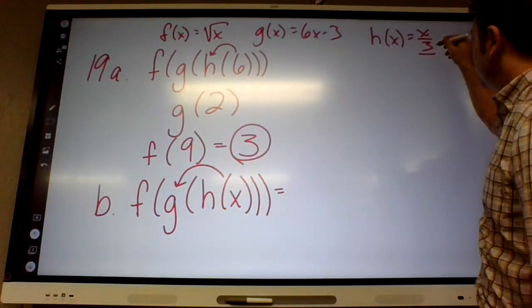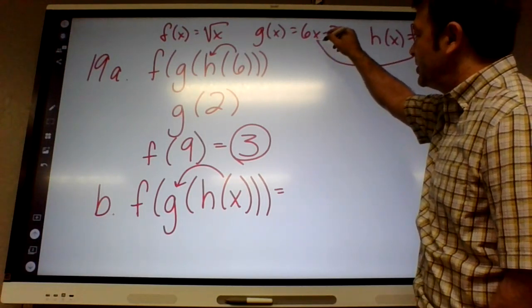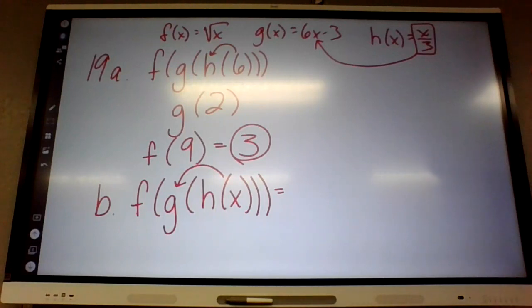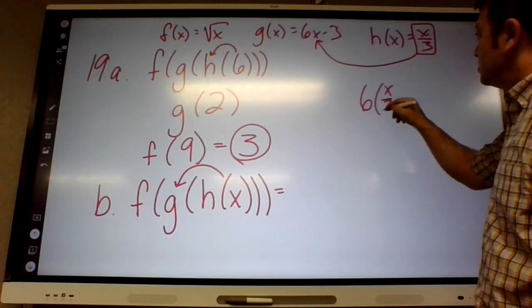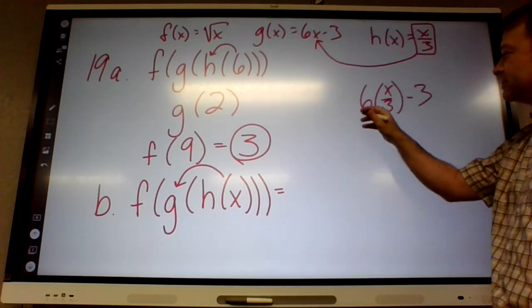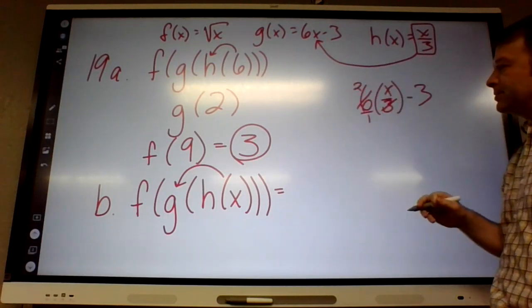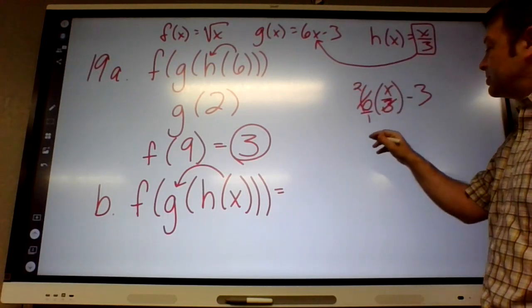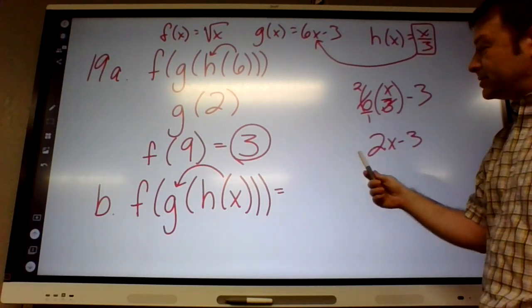This is basically what H of X equals right here, and we're putting it into G of X where the X was. So 6 times x over 3 minus 3. Right. Now, does that simplify? 6 divided by 3 is 2. So that's 2x minus 3. So that's G of H of X.